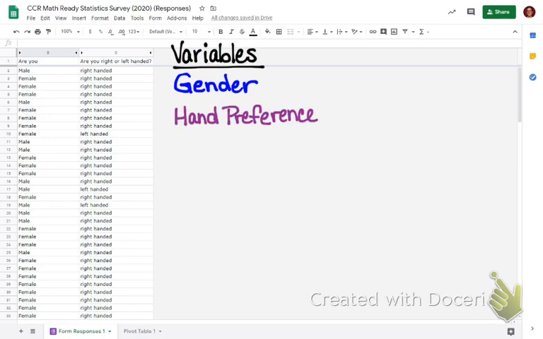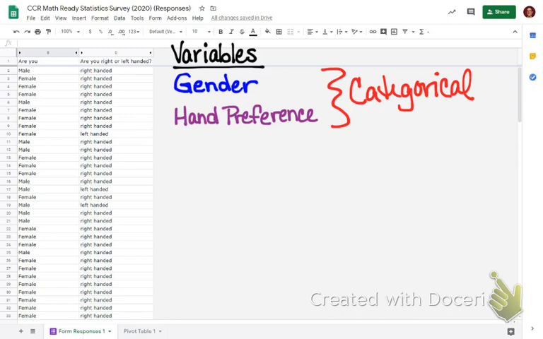Okay, so we've identified our 2 variables. Are these variables that we're going to be talking about today categorical variables or quantitative variables? They are both categorical variables. And we are going to compare these 2 categorical variables.